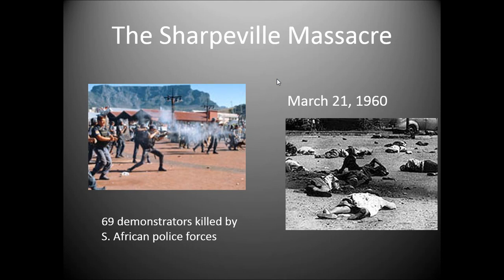They go into the crowd to try to arrest one of these stone throwers. The crowd tries to defend the stone thrower that's being detained. There's some pushing back and forth, and then the police open fire. By the end of that afternoon, something like 69 people end up being killed, and over 180 people end up being wounded.